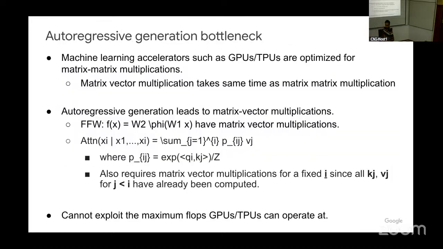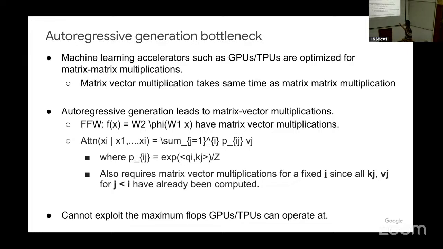Okay, so we just saw how these models generate tokens autoregressively, and the first thing I want to convince you about is that autoregressive generation is a real bottleneck in being able to effectively use the hardware that these models are usually deployed on. You might know that most machine learning workloads use accelerators like GPUs and TPUs.